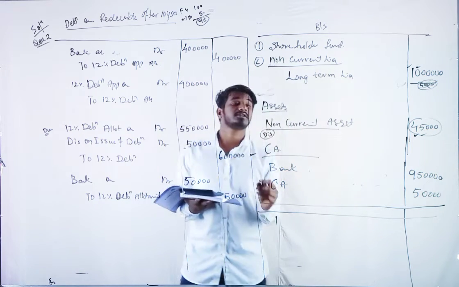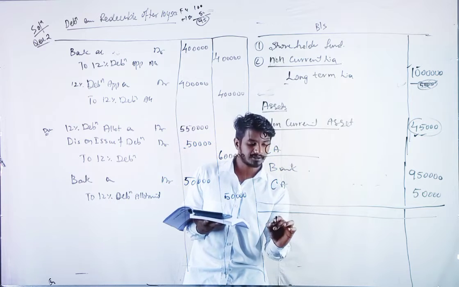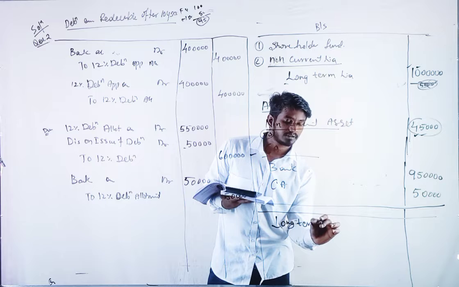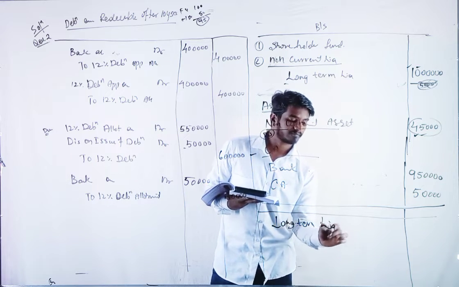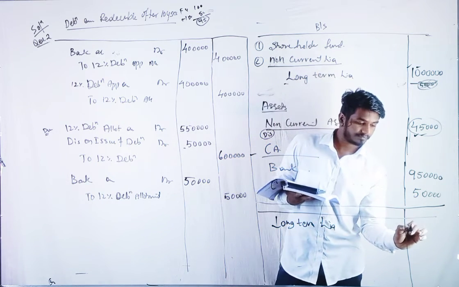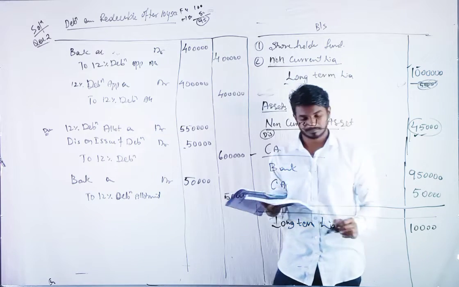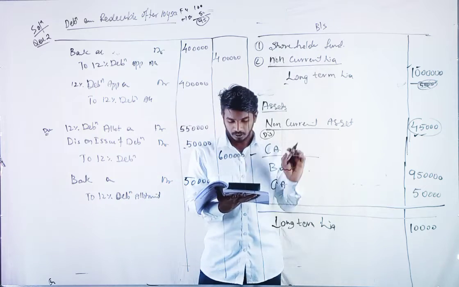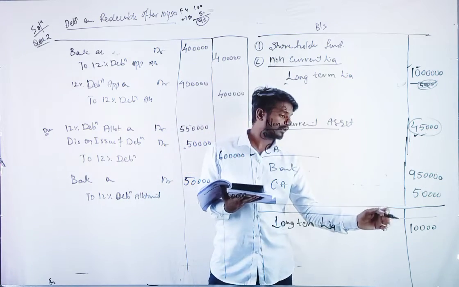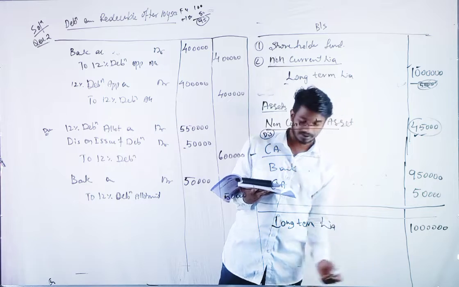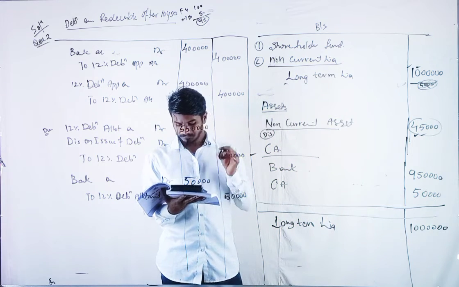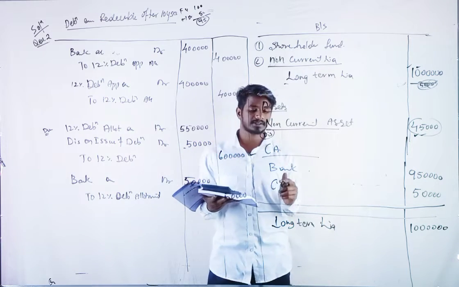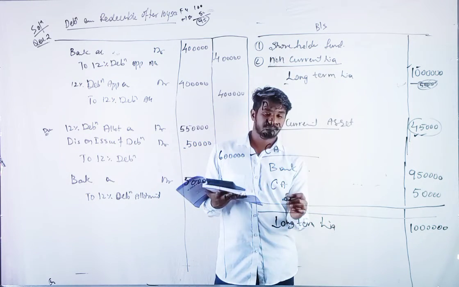In the notes to accounts, it is a long-term liability, 10 lakh. I am writing it in one note. You should create another separate note, right? It is 10 lakh. Next, other non-current assets is there.